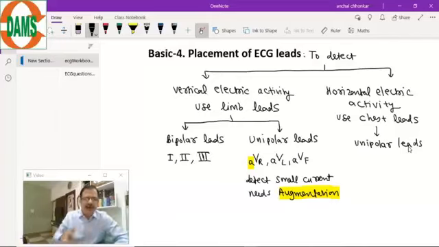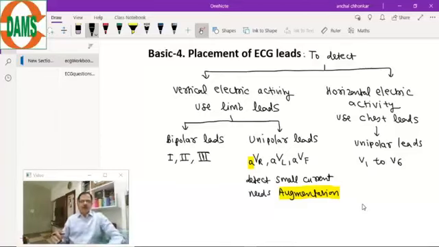The names of these unipolar leads are V1 to V6. They detect a good amount of electrical current, so no augmentation is needed.